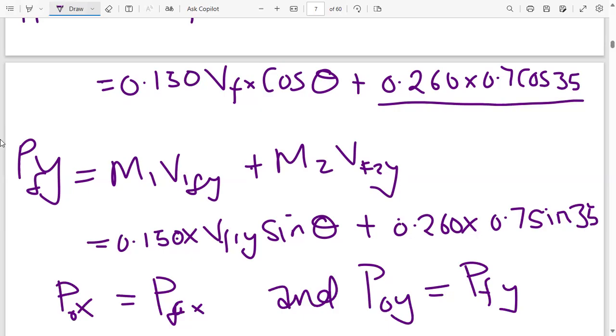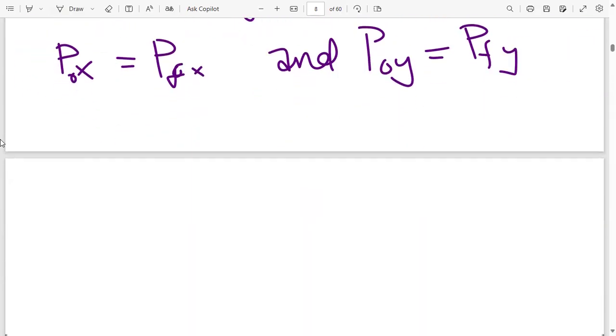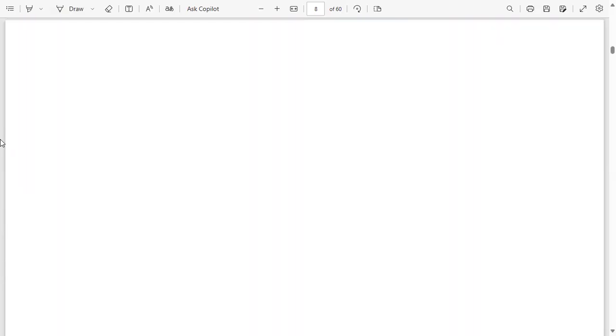So let's now plug those things into our equations. Our new equations, rather, since we're coming up with new equations. Let's start with the x-axis.